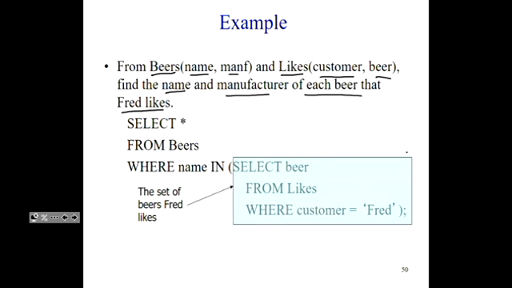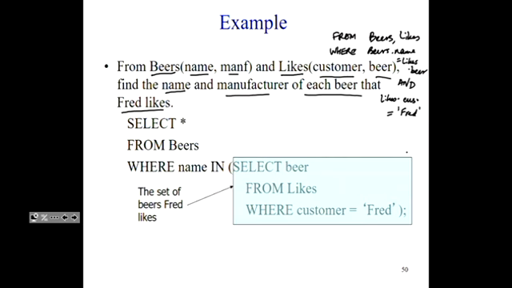I can write it down. So you have from beers and likes, where beers dot name equals likes dot beer and likes dot customer equals Fred.